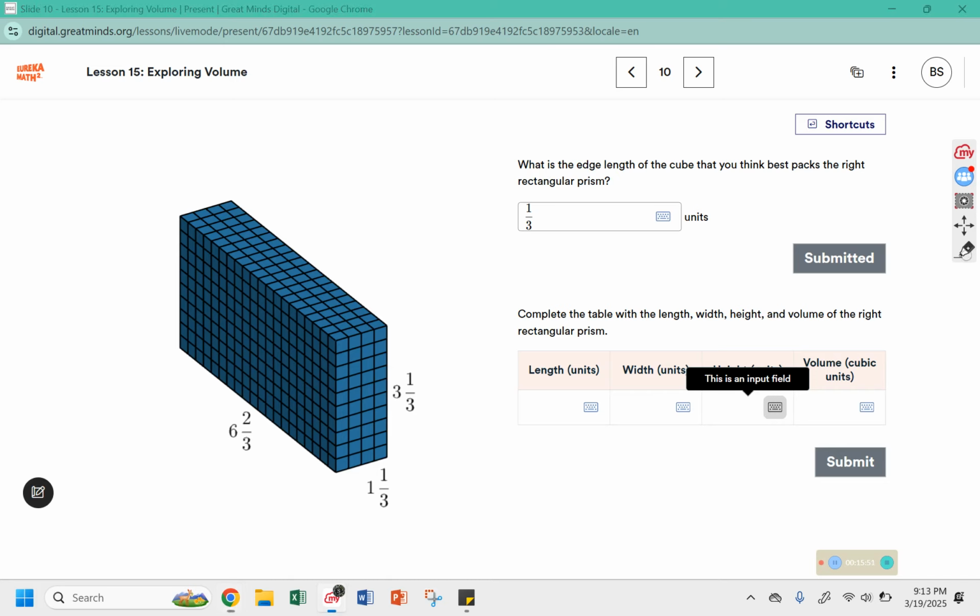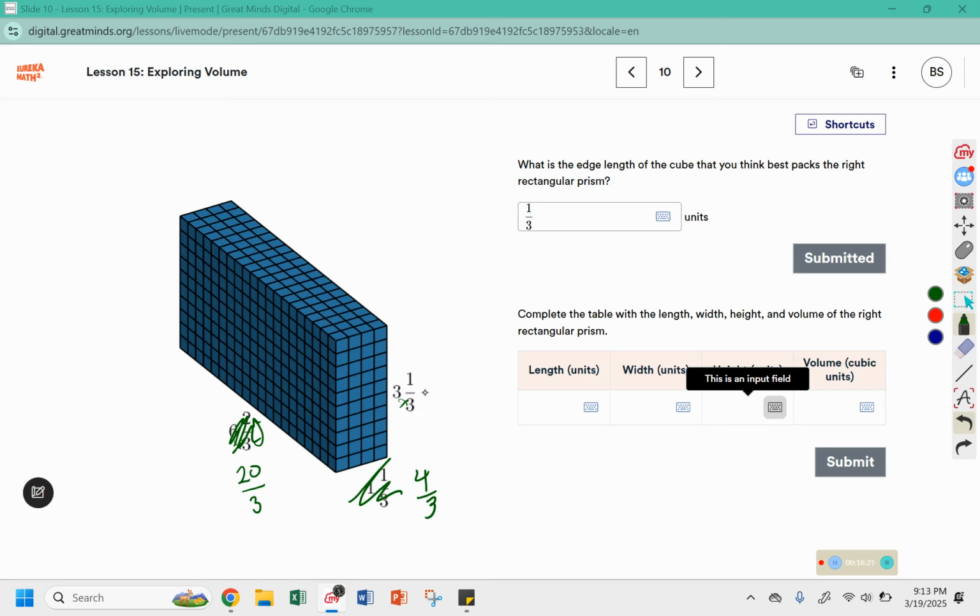I'm probably going to convert these to improper fractions to make my multiplication for the volume easier. 6 times 3 is 18, plus 2 makes 20. So 6 2/3 can be rewritten as 20/3. 1 times 3 is 3, plus 1 more makes 4. So I would rewrite this as 4/3.